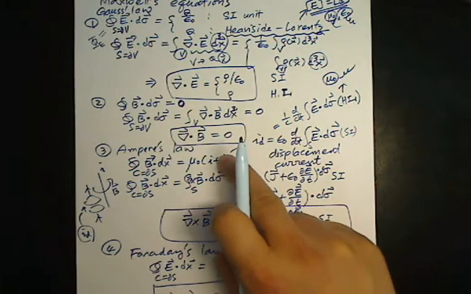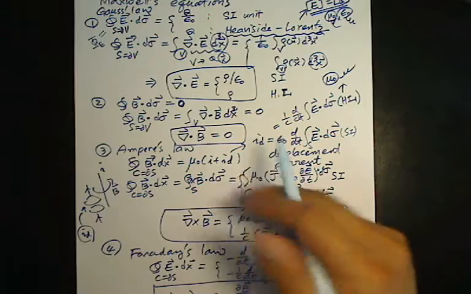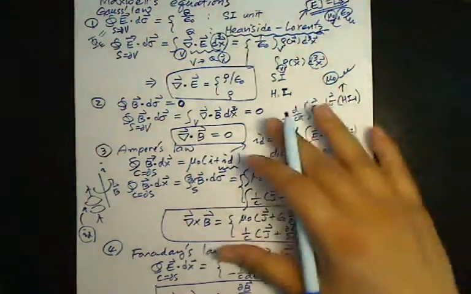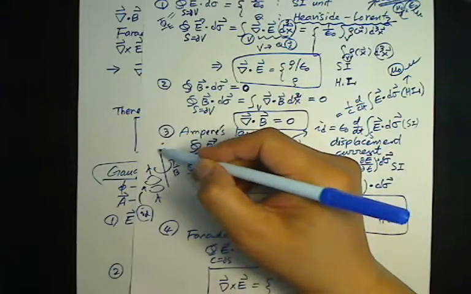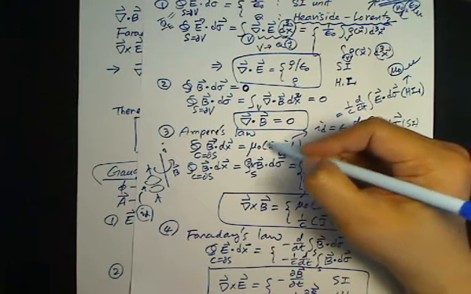Ampere's law is related to the real current, and Maxwell-Ampere's law includes the displacement current. If I have a current in space, the magnetic field is generated by Ampere's law.